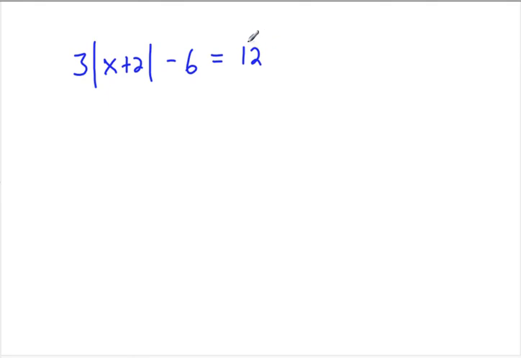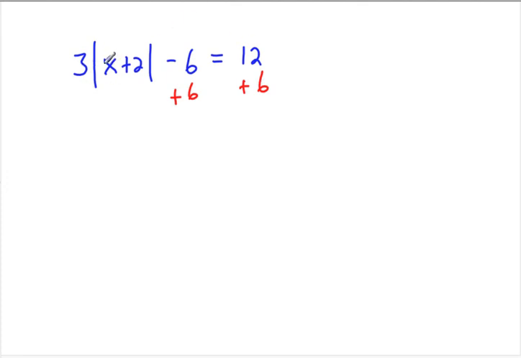Let's try that. So in this case, instead of isolating the variable, we want to isolate the absolute value first. Right now that absolute value is being multiplied by 3 and subtracted by 6. So we're going to try to combine the like terms right now, which would be the 6.